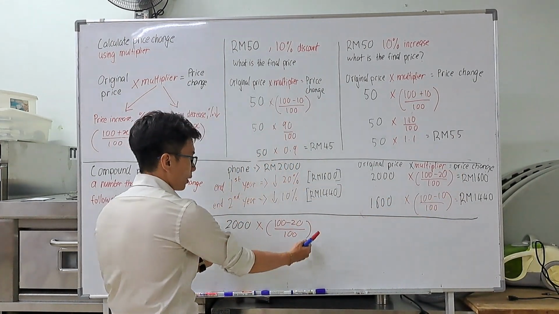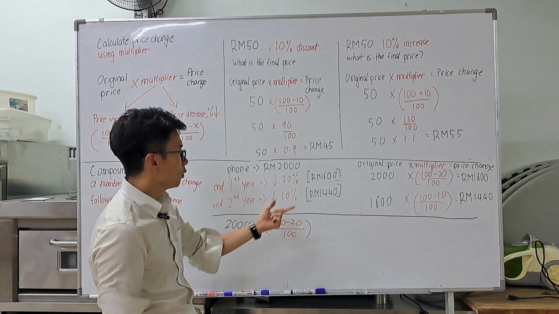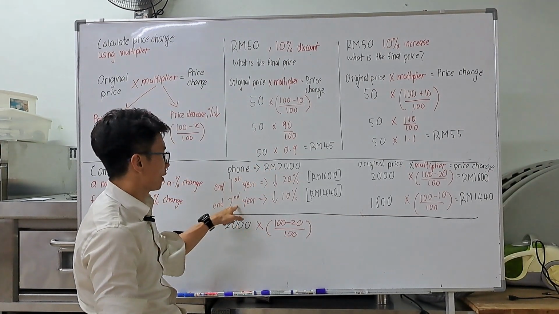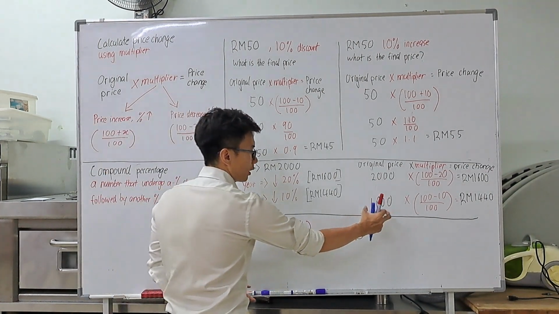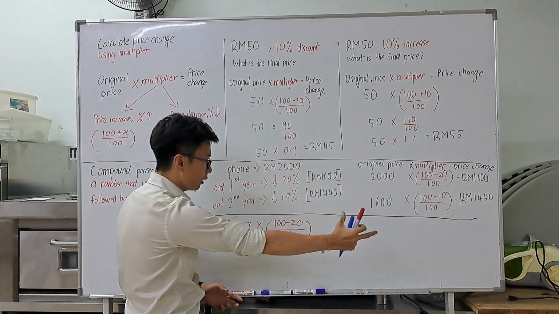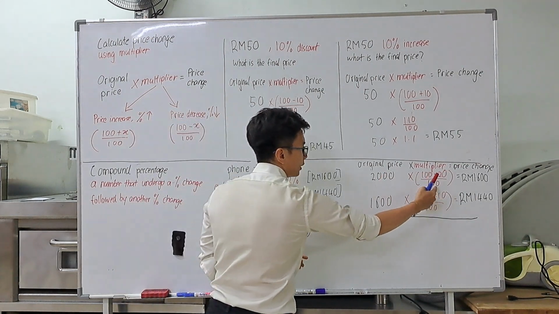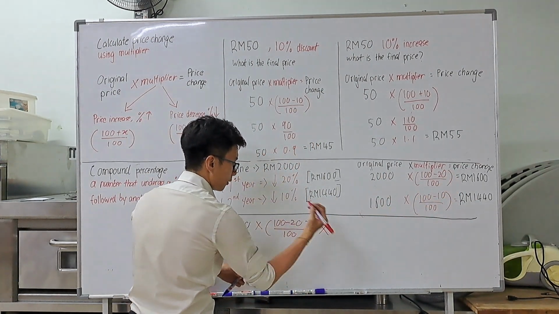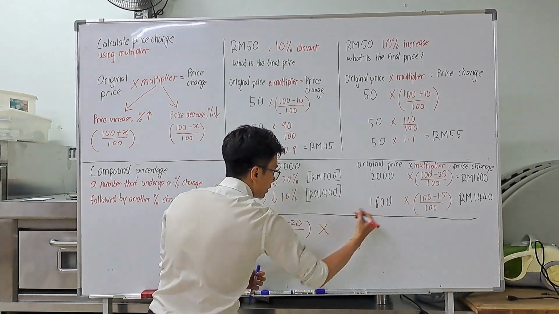Since we understood this whole thing is 1600, and we know it has to undergo another percentage change, where in the second year it will reduce by another 10%, look here: 1600 is reduced by another 10%, which I wrote here, and we understood this is 1600 from the example earlier. Then we can rewrite this by multiplying by another multiplier, which in this case is this one.